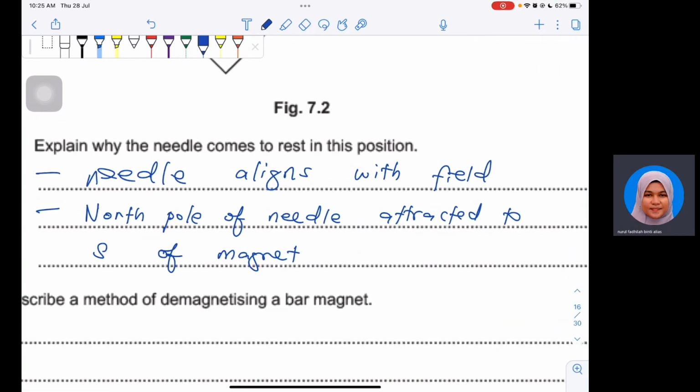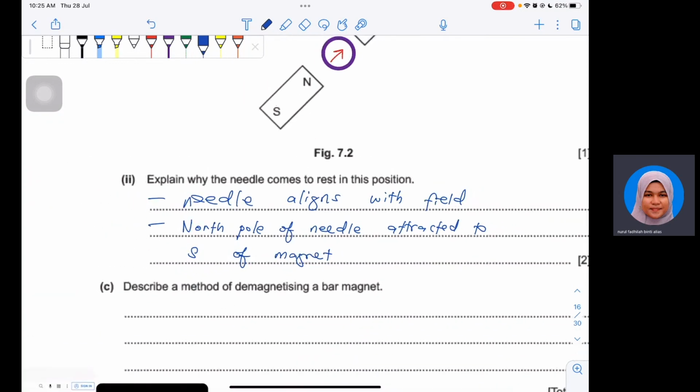Alah, simpelnya. You faham, tapi you termalu-malu nak tulis. You tulis je apa yang you faham tu. Jawapan dia as simple as that. Surprise kan? Awak expect apa jawapan dia?